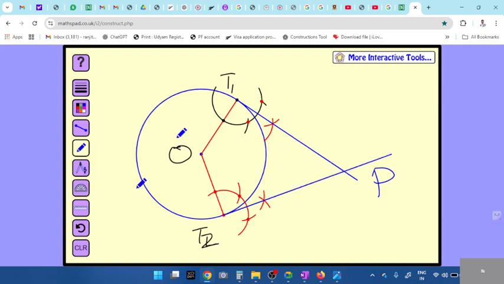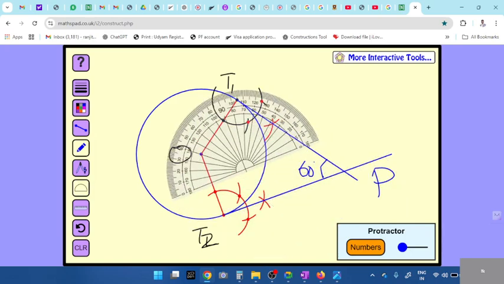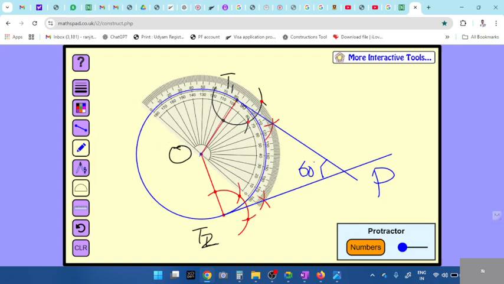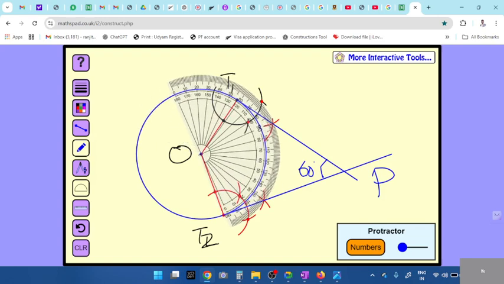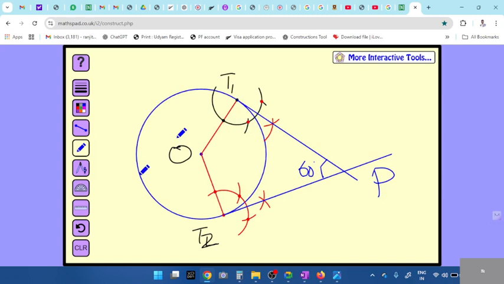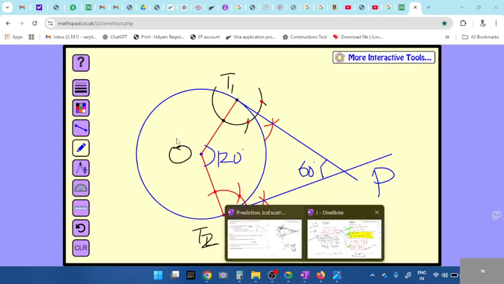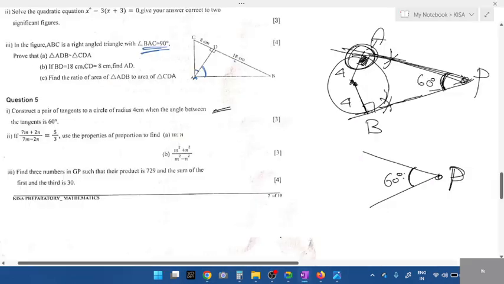What did you all get? This should be 60. 90, 90. If it is 60, then the opposite angle is 120, since the other difference is 360 minus. This is 60 and 60, 90, 90, 180, 60. 360 minus 240 is 120 degrees. They've asked us to construct a pair of tangents when the angle between the tangents is 60. That's it. This is the answer. Did all of you get it like this?